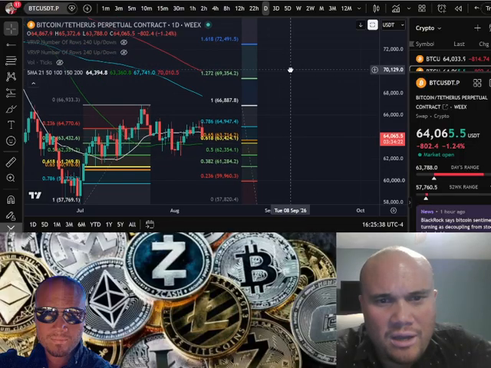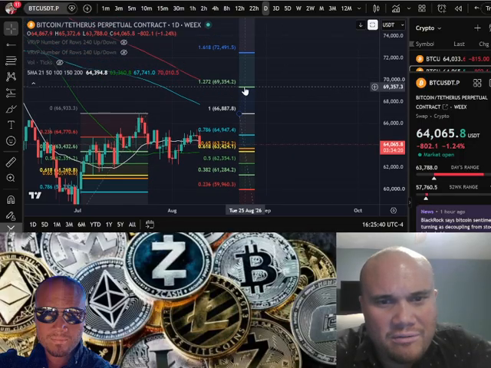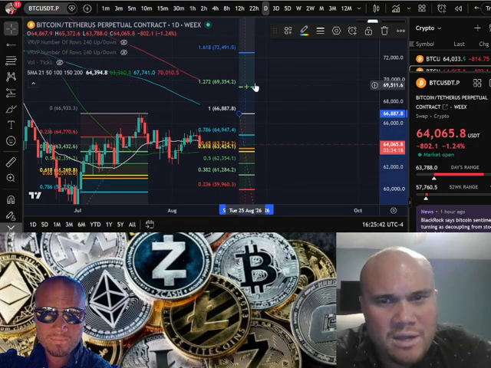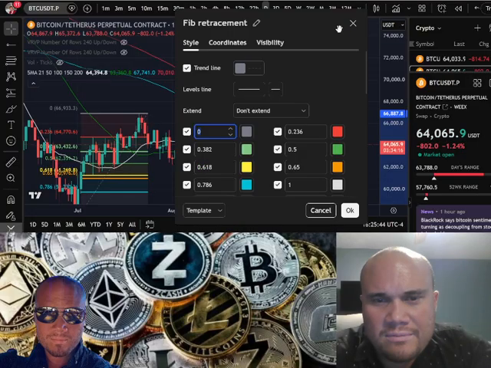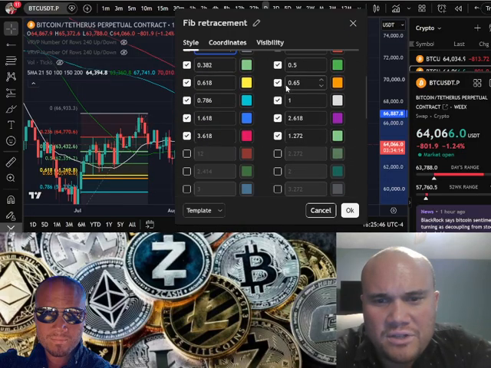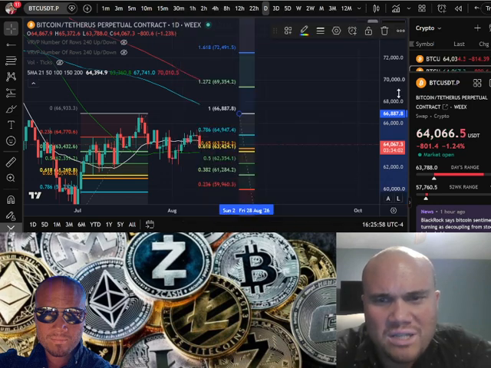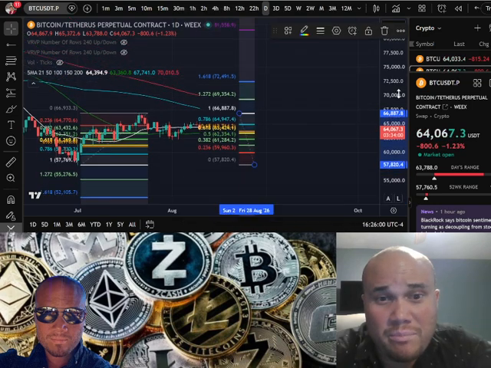If you're wondering how to get that Fibonacci extension level to show up on your chart here, go ahead and get into the settings one more time here. And on your settings, you want to make sure that you got the 1272 clicked on here and the 1618 clicked on here. I also have other levels here like the 2618 and the 3618, which are somewhat useful, especially if the asset gets really, really bullish out there.